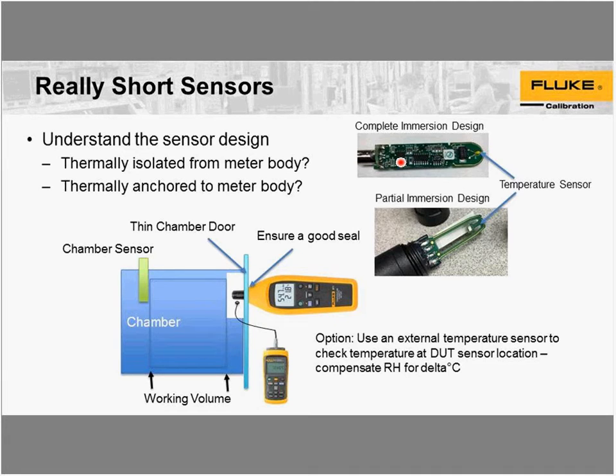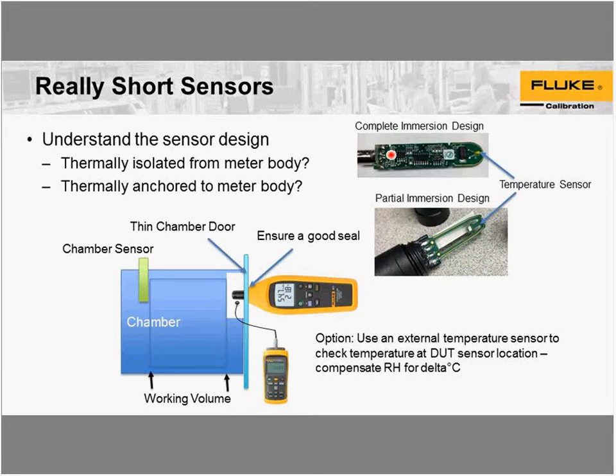The sensor is mounted to a fairly thick set of electronics, and there's high potential for temperature gradients to be passed along that sensor if one end is left at one temperature and the other end is inside a chamber. So the sensor is intended to be a complete immersion.